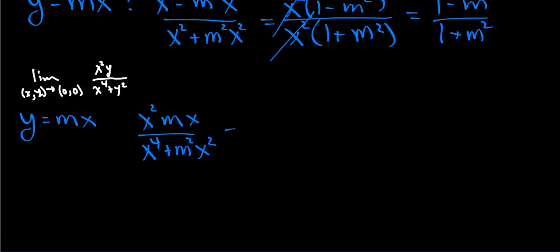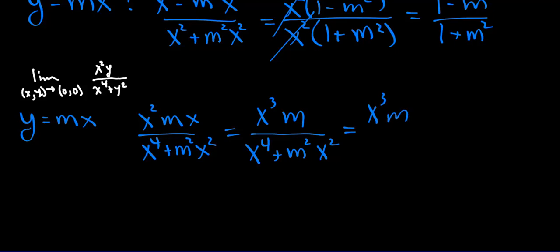Let's see what we get though. We get x cubed over m over x to the fourth plus m squared x squared. And let's see if that helps us at all. I've got x cubed m over x squared plus m squared.